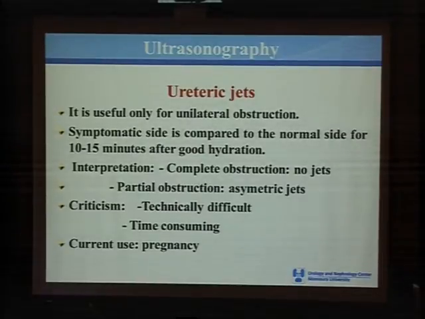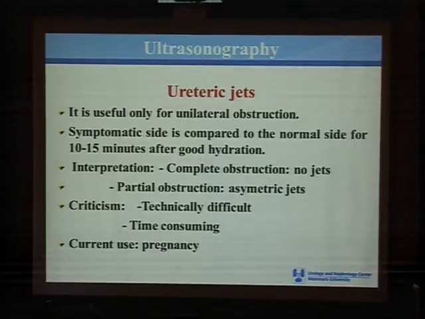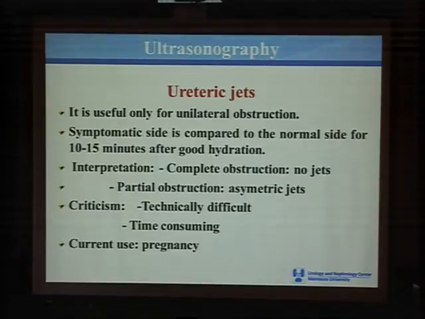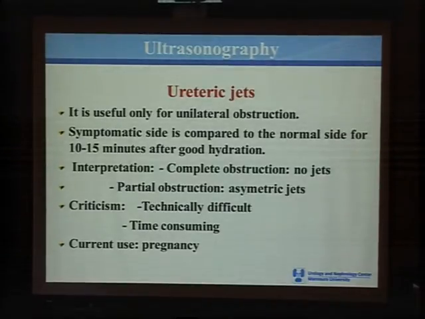So an approach to diagnose obstructive uropathy is to put the Doppler ultrasound on the bladder, and then you observe the jets of urine coming from both ureteric orifices.